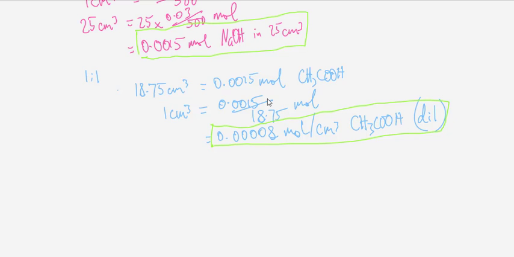So we get rid of the dilution, multiply by 10, and get 0.0008 moles per cm cubed. And I want it in litres rather than centimeters cubed, so I'm going to multiply it by 1,000 to get 1,000 centimeters cubed. So that'll give me 0.8 moles per litre.